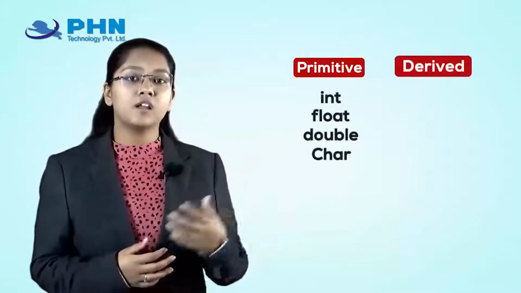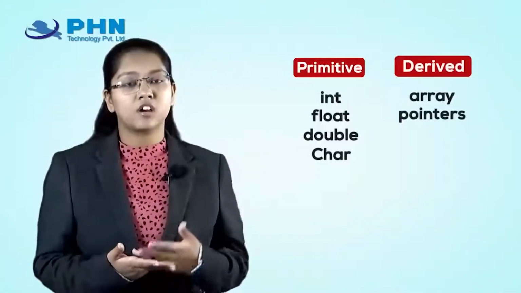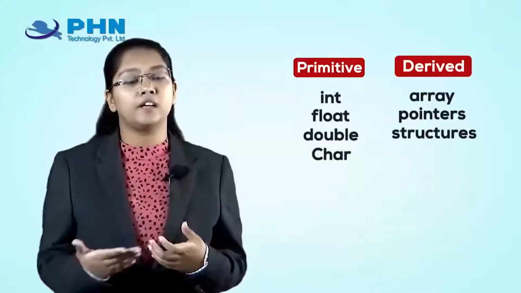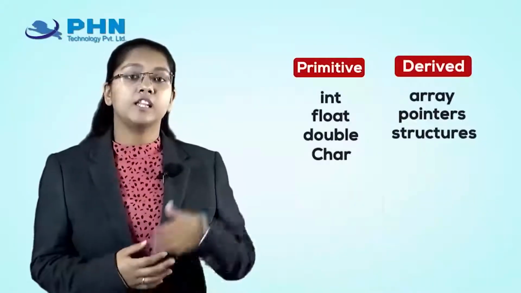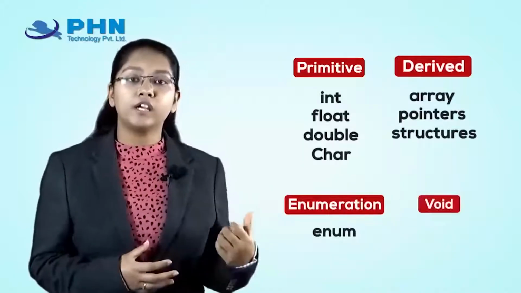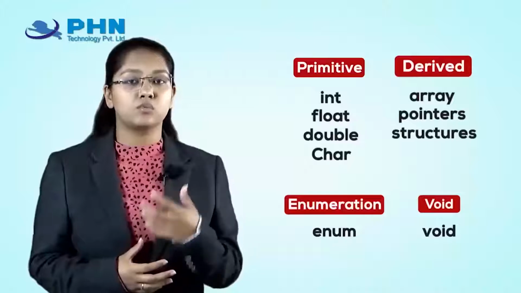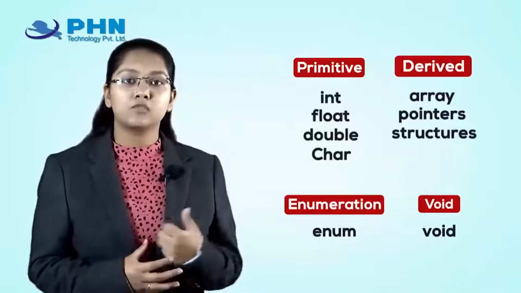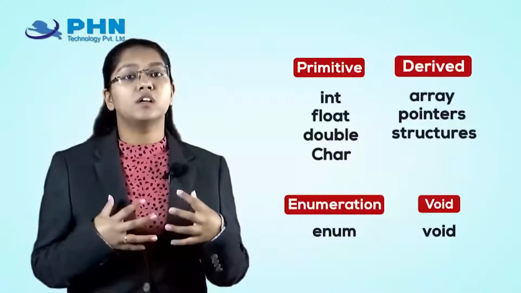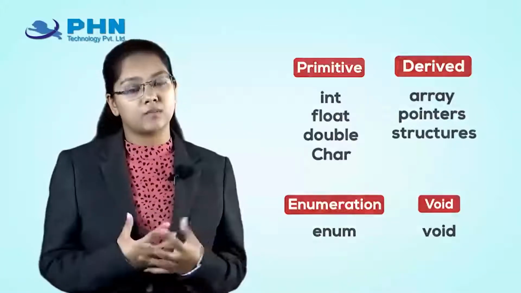Derived data types are arrays, pointers, structures, etc. These are derived from the parent data types. Then enumeration data types are enum. Then the void data type is void, which we use in void main. So this was the concept of your data types.